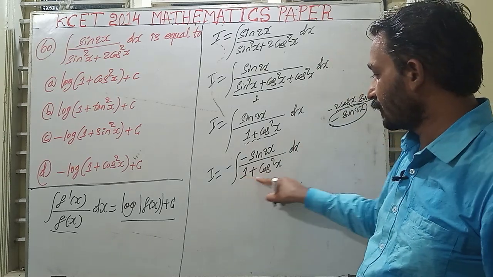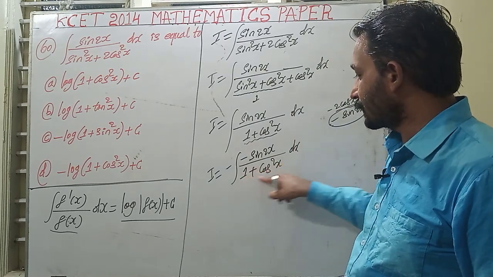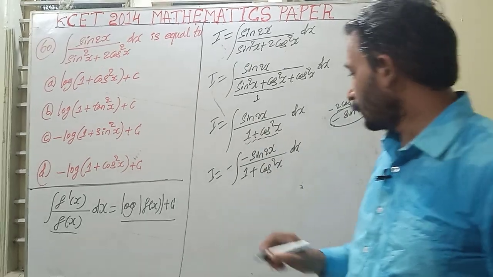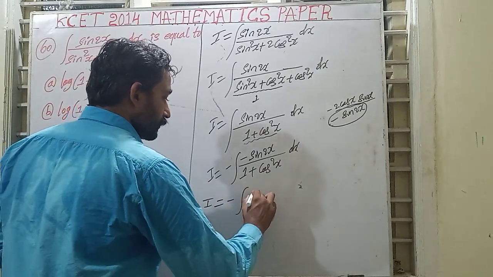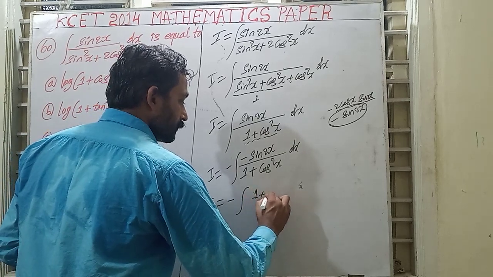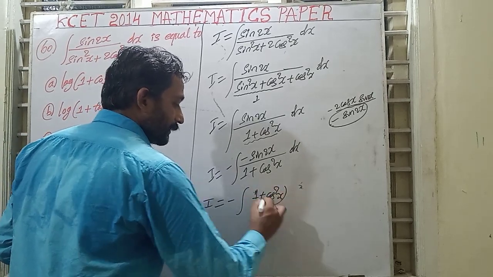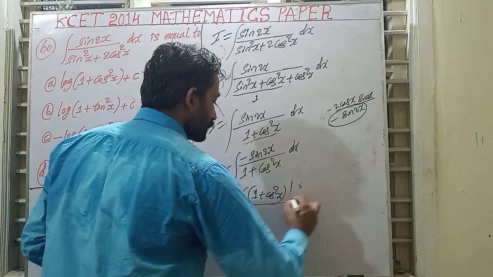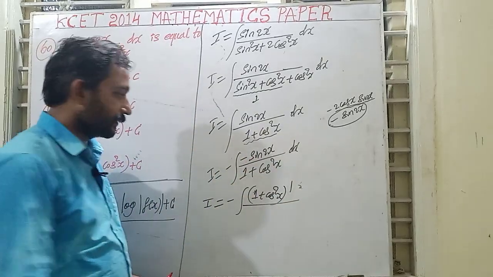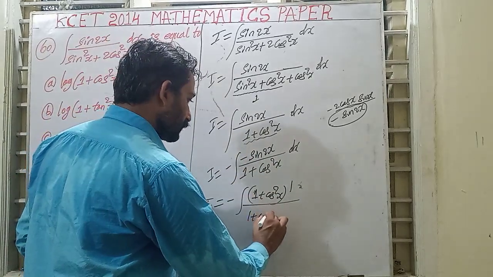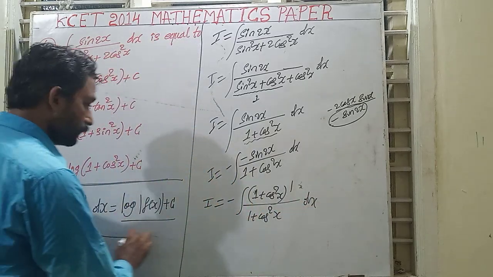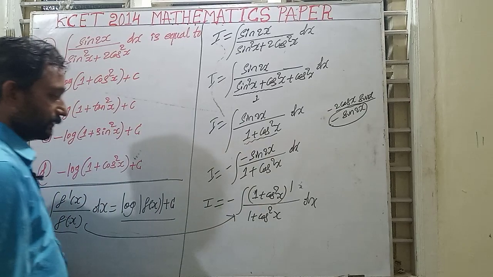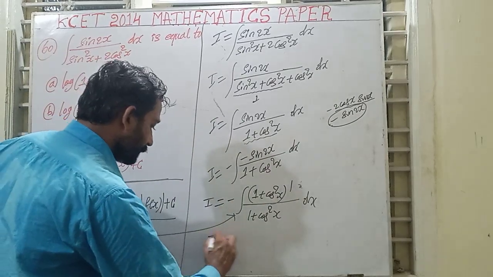Now the differentiation of the denominator is present in the numerator. So I is equal to minus of the integral of derivative of the denominator 1 plus cos square x present in the numerator, over the denominator 1 plus cos square x, with respect to x. So now it is in the form of this integral. So directly we can write what is the answer?